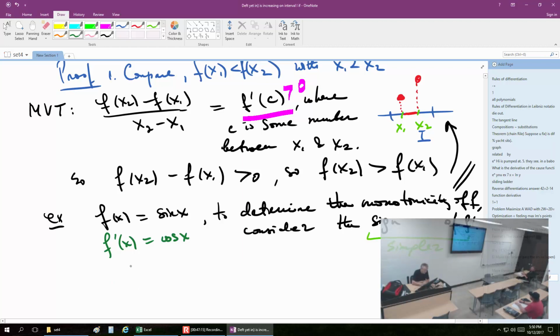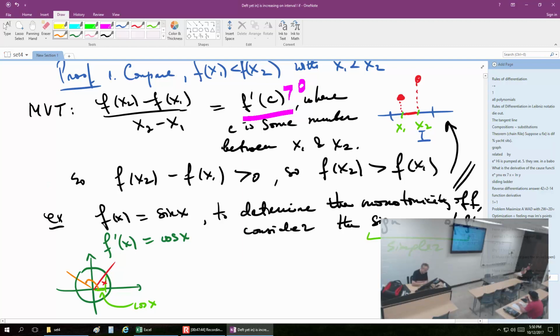I could either plot it, or I can look at my unit circle here to see what the cosine is, the projection on the x-axis. If this is x, then this is cosine x. As long as my x is not past the y-axis, this shows the positive value of cosine.